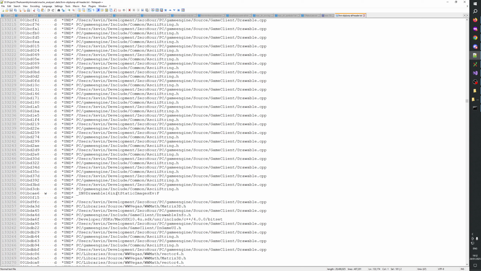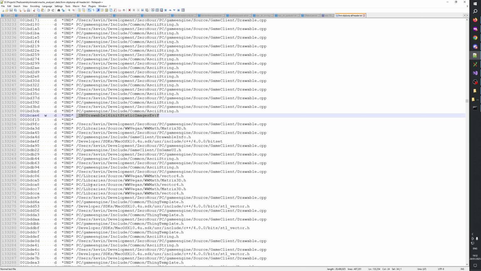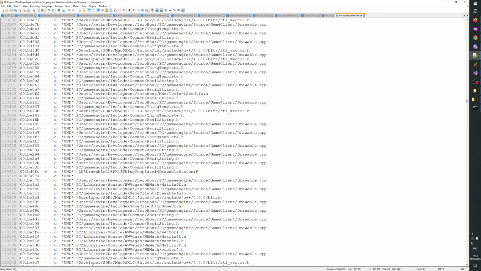Drawable init static images. It also says CPP here, but the one right above is a header file, and ASCII string certainly won't contain this function. Huh. I wonder how these things work, but I mean, it's in super close proximity.